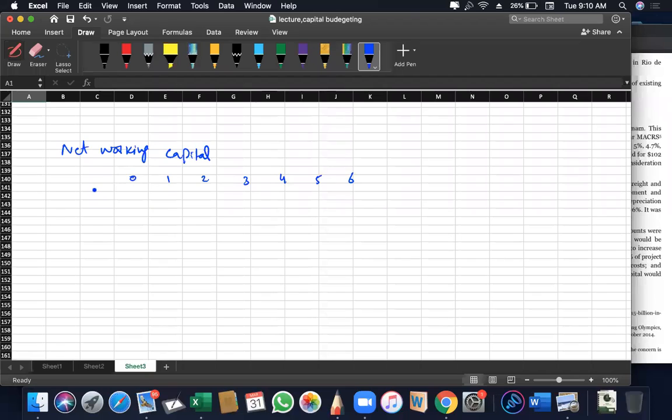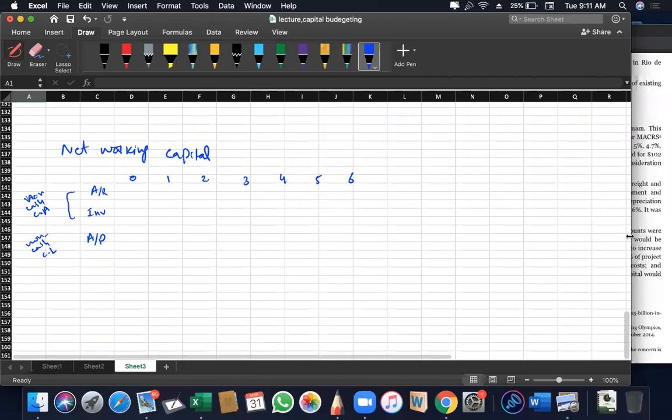this is 0, account receivable, inventory, and accounts payable. These both are non-cash current assets, and it is non-cash current liability.